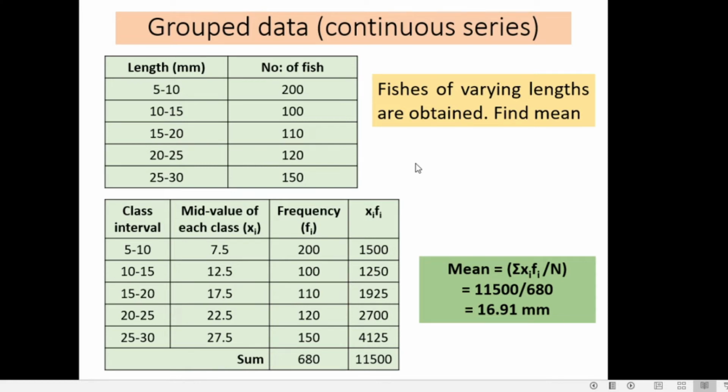Once again, we find the mid value of each class, multiply it with the corresponding frequency, take the sum of all these values, and divide it by the total number of observations. We get the mean. Now we move on to the calculation of median.